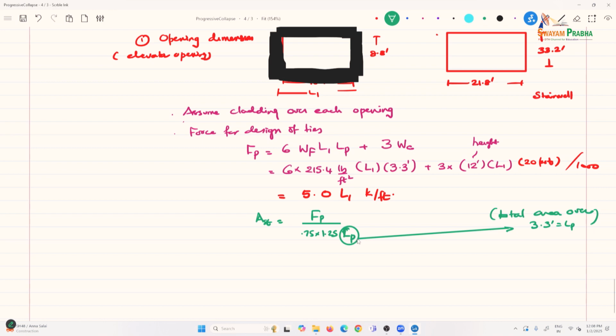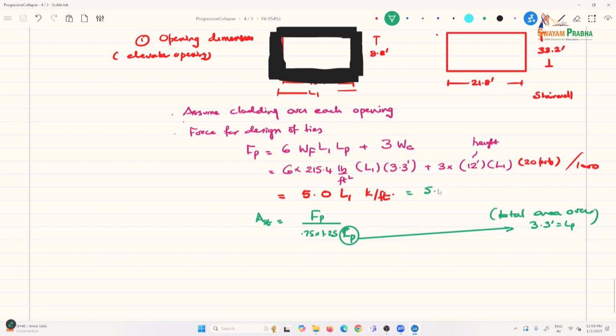So, you have to divide this, these are all in feet, pounds per square feet. L1 is in feet and Lp is in feet. So, this is per square foot. You have to divide this by square inches.